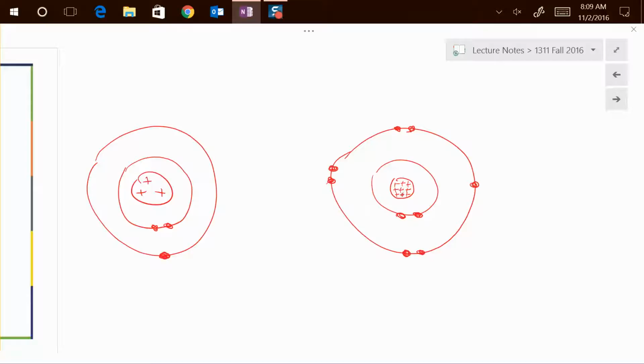Here I have 2 electrons, and they are shielding this electron from the pull of these 3 protons. So these 3 protons have to reach out to this electron past these 2 electrons in that energy level. They're trying to reach out here and grab this 1 electron.